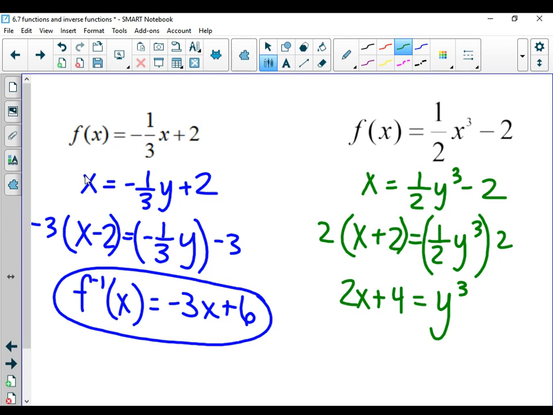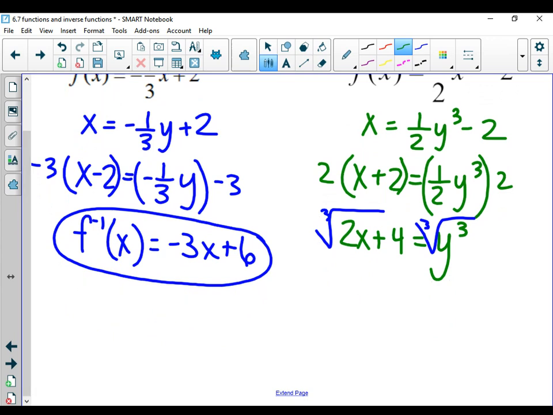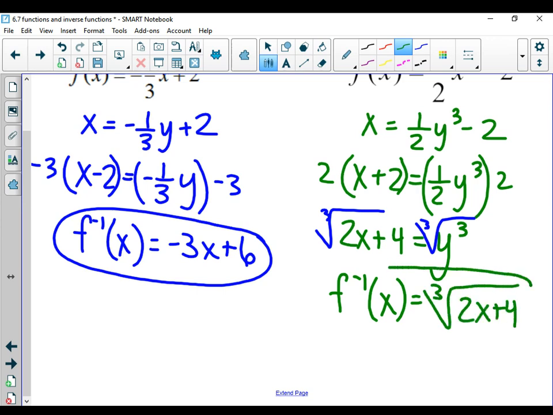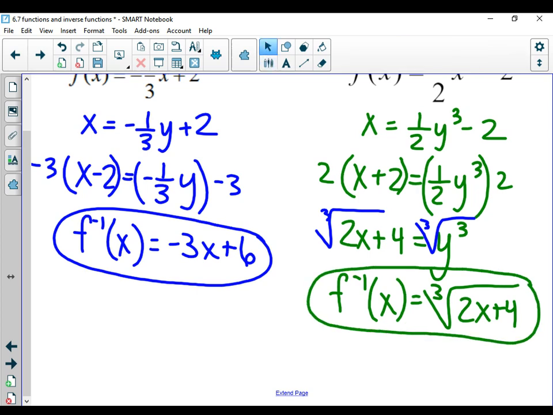So if I take the cubed root of both sides, do I need the plus or minus with the cubed root? No. Only with square root, fourth root, and so on. So the inverse of f of x is just the cubed root of 2x plus 4. Okay? Cubed root of 2x plus 4.